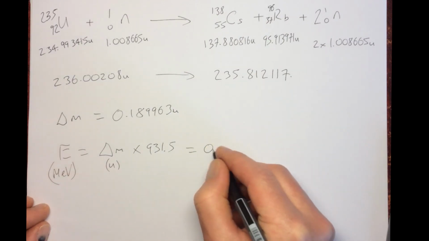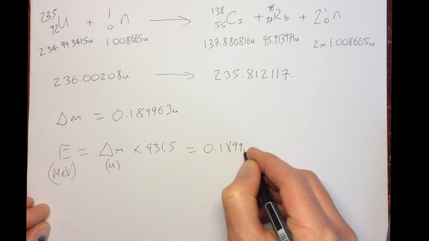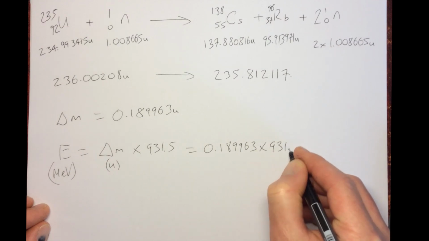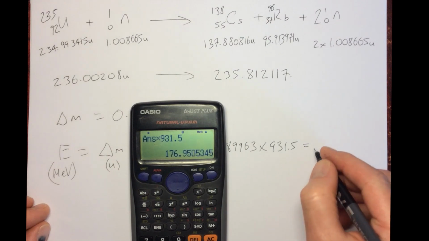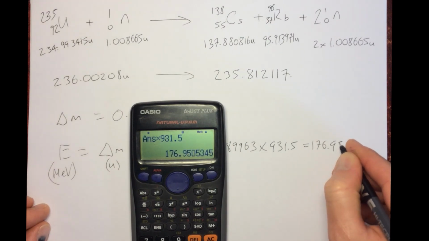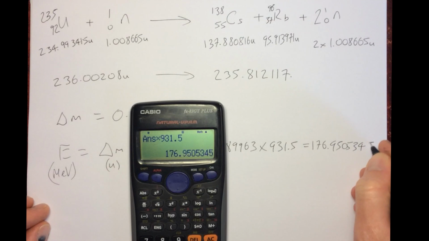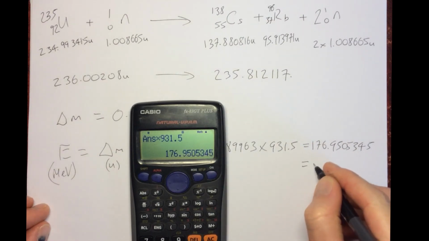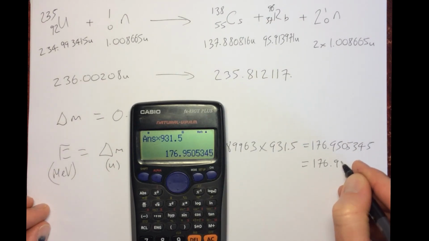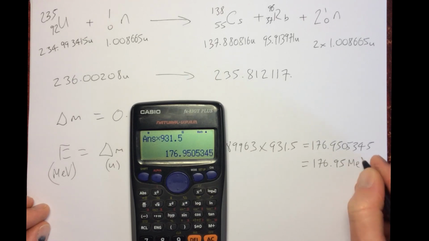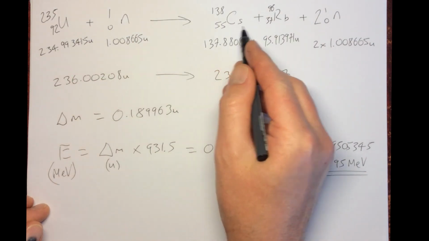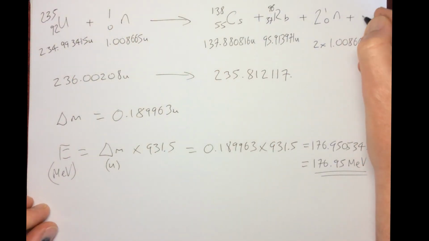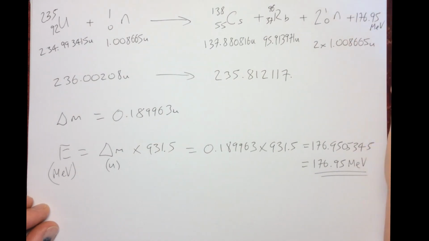Okay, so let's do that. 0.189963 multiplied by 931.5 is going to give us 176.95053545, and we can round that up then to 176.95, and that's mega electron volts. So that's the amount of energy released. So you're going to get this goes to this plus 176.95 mega electron volts of energy.